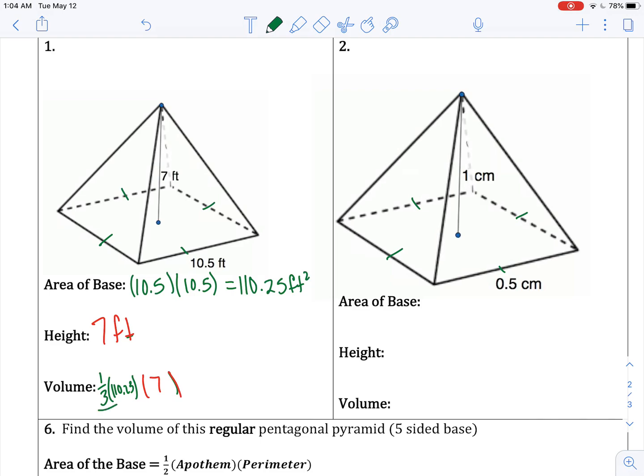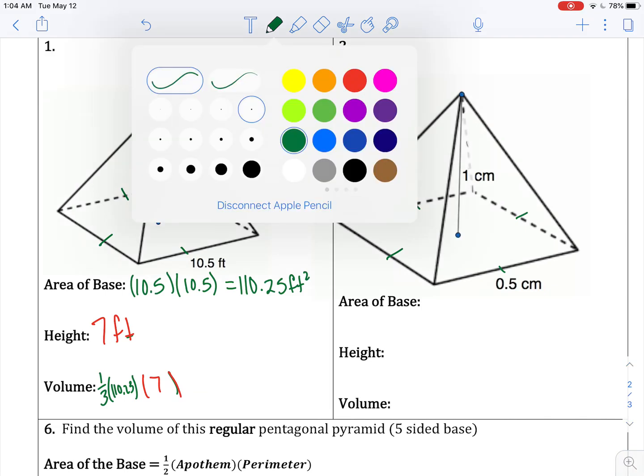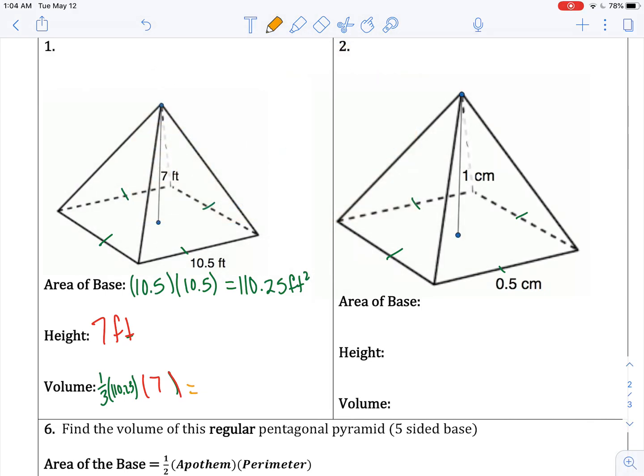And we have to divide that by 3, or multiply by 1/3. So my final volume, my very final answer, is going to be 257.25 cubic feet.